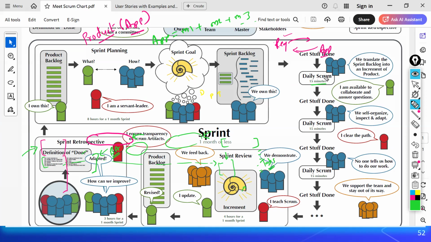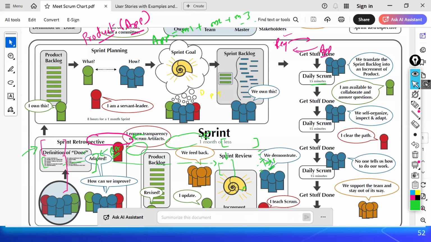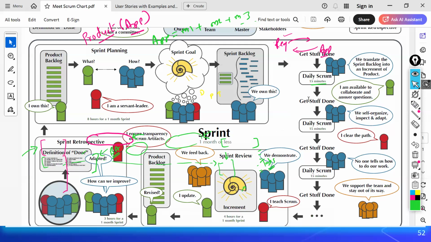The team is important here because this is where the real work is happening. We have 2 weeks: 1, 2, 3, 4, 5, then Saturday, Sunday, then again Monday to Friday. So that way it will be 2 weeks. In those 2 weeks, whatever they have to do, they'll create their own task plan.